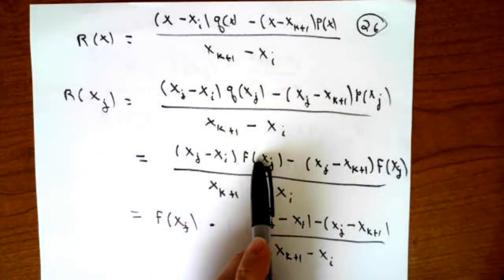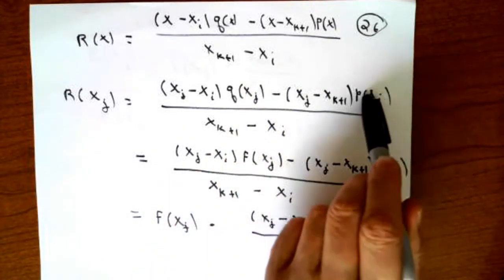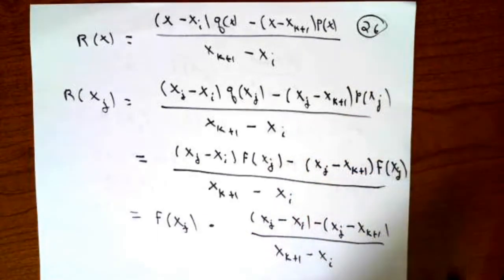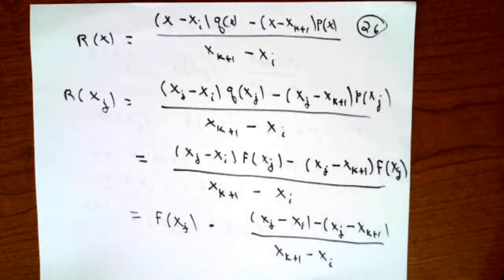So q at x_j is f of x_j. P of x_j is also f of x_j. Upstairs, both terms have a factor of f of x_j, so I can factor that out front so that it doesn't distract me.